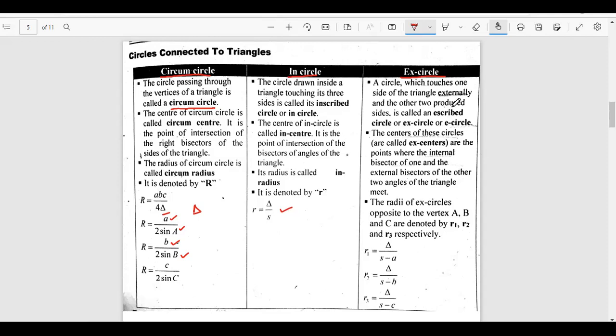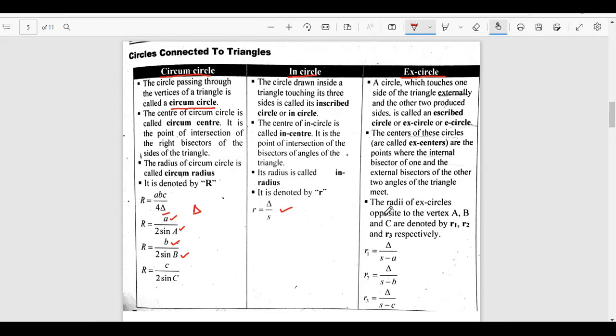So the examiner might not ask you to find the circumcircle. Yes, we will talk about three different formulas for finding the circumcircle when we get to the conic section. So we'll talk about that over there. At the moment, all you need to remember is how to find the radius. The radius is very important.